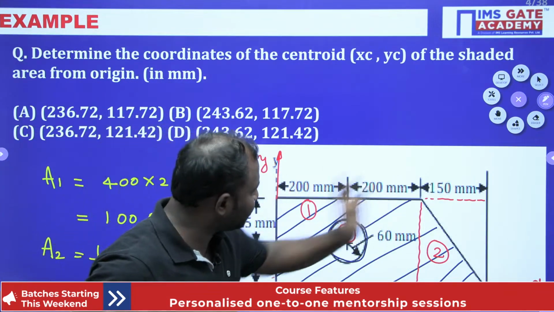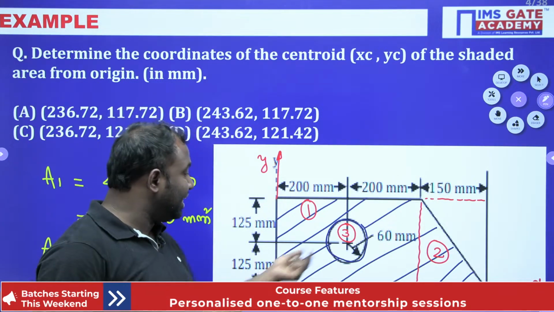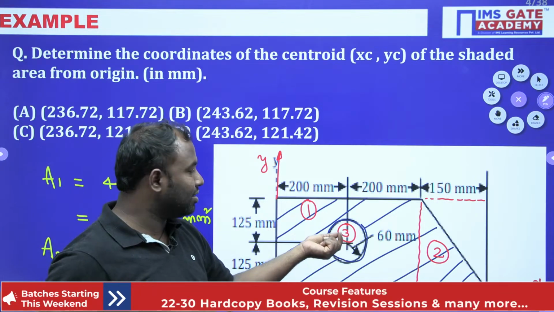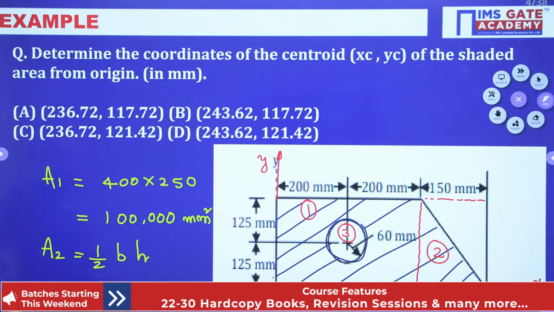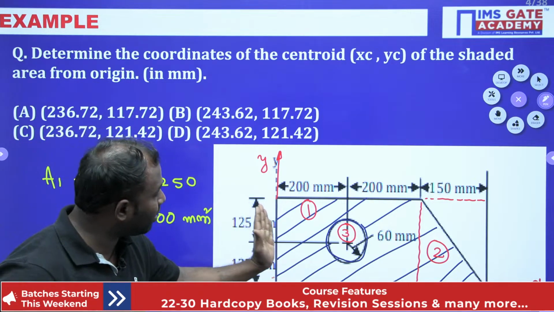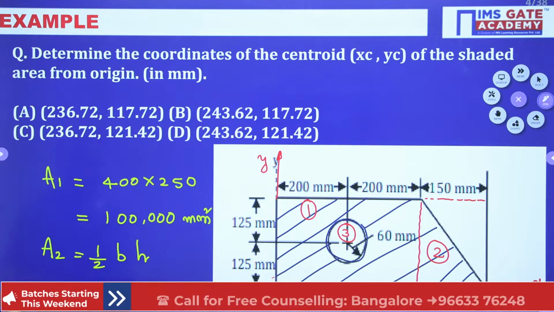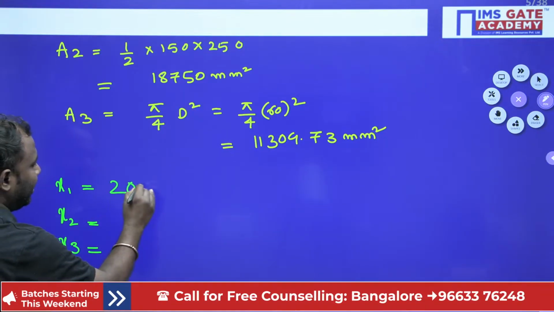Total distance is 400, and the centroid of the rectangle lies exactly at the center, so the distance from the center is 200. So x1 is 200 mm.